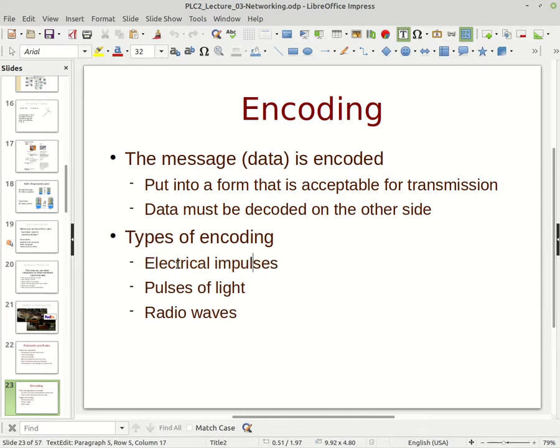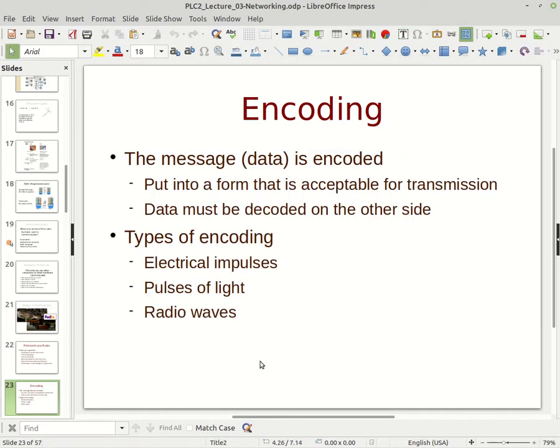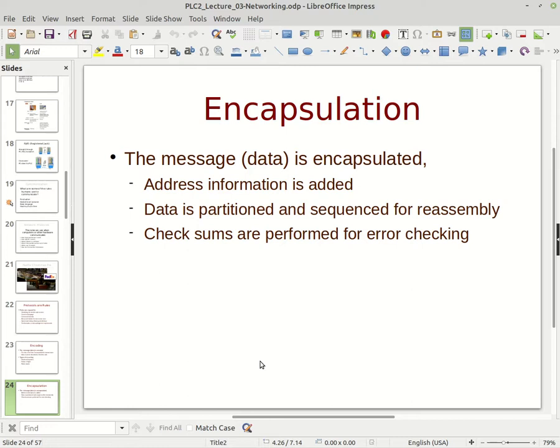We're either going to send electrical pulses along the conductors of the wire, or if it's fiber optic communication, we're going to be sending pulses of light. So we have to keep track of how we're sending those and how fast we're sending those, or whether we're sending it across a radio or a Wi-Fi type connection.